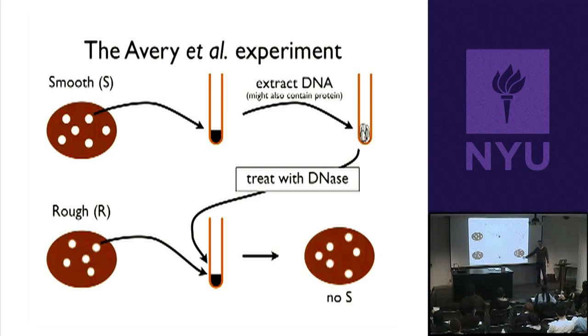Okay, so that's the experiment that shows that the substance in this mixture that's causing the cells to transform from rough to smooth is DNA. Because when you take away the DNA, you don't get the transformation anymore.